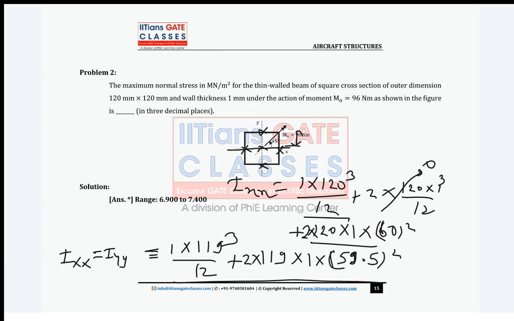So if you use this value also, you can check how much your stress is coming. So it is how much? 1.11494 into 10 to the power 6, power 4. Okay, so guys, check it.